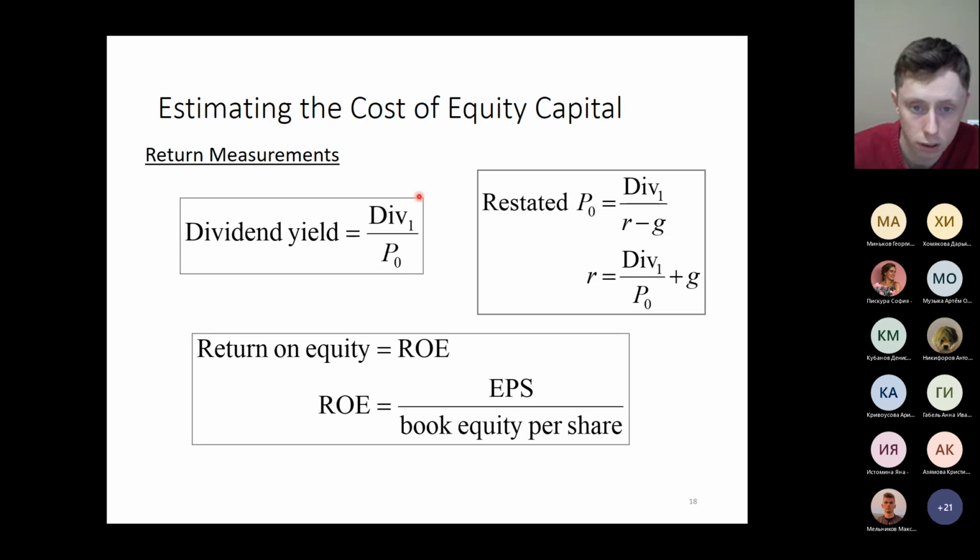The dividend yield, something that we already discussed. The formula of the stock price for the case of infinite growth. So this is the basic formula here. The return, based on the same assumption, where g stands for the growth.